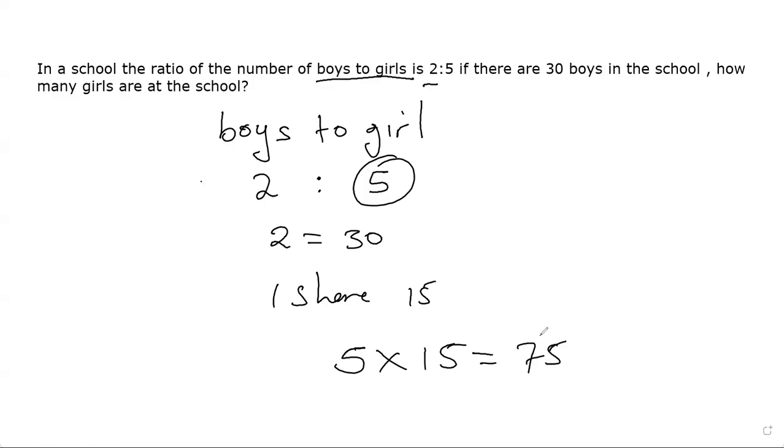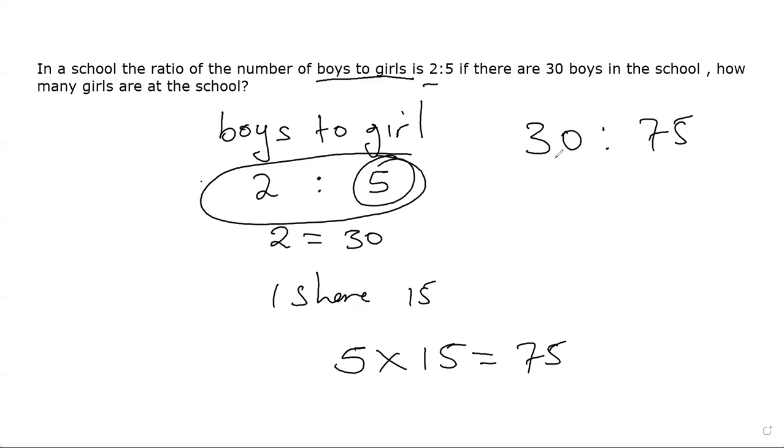How do we test our answer? Let's test it, guys. So we have 30 to 75. When we break it down, we should get back this ratio. So we could use 5. 5 can go into 30 6 times. 5 goes into this 15 times, right? All right.